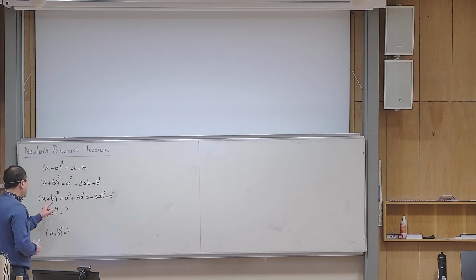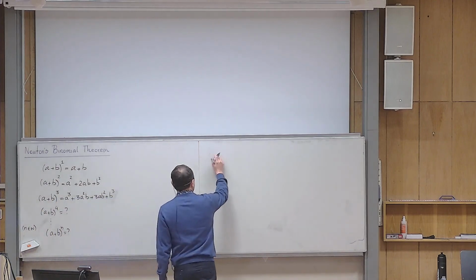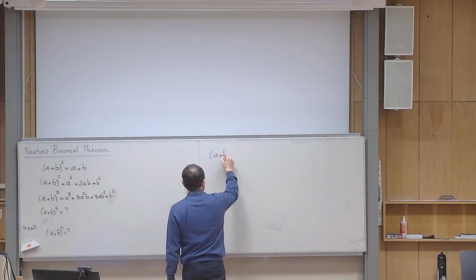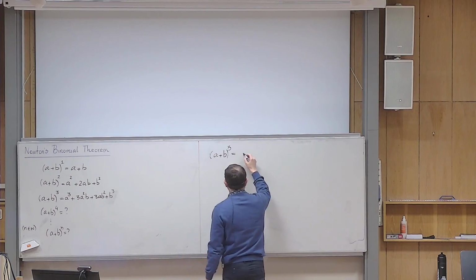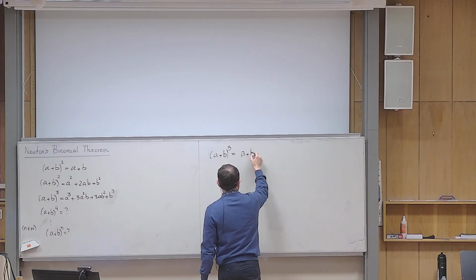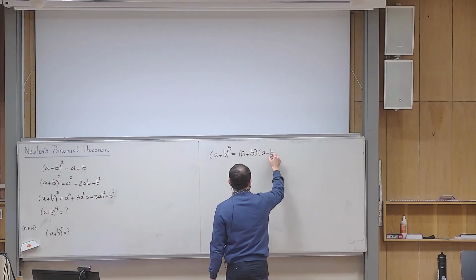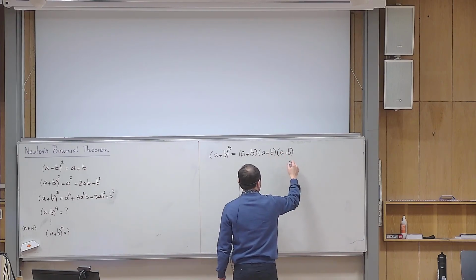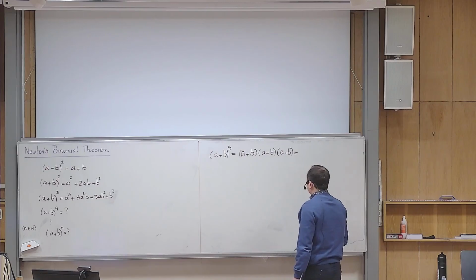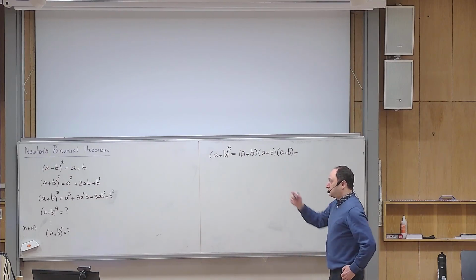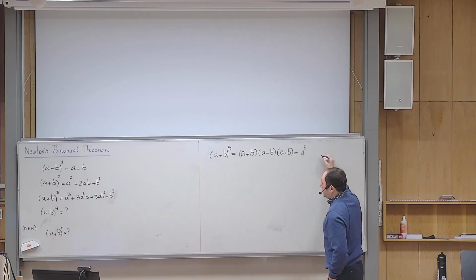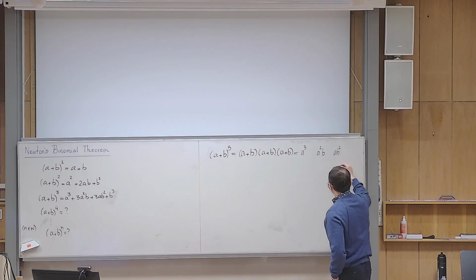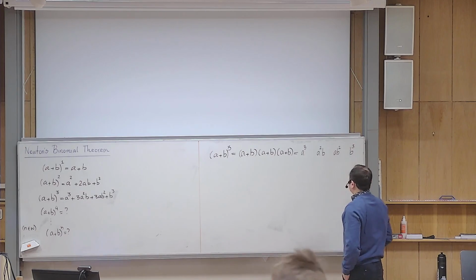So for example, for the case of a plus b to the power of 3, I hope that you can guess what will be the pattern of the terms involved in the answer. So you have a plus b times a plus b times a plus b. And then let us look here. So the terms involved without the coefficients: I have a cubed term, I have a squared b, I have ab squared, and I have b cubed.